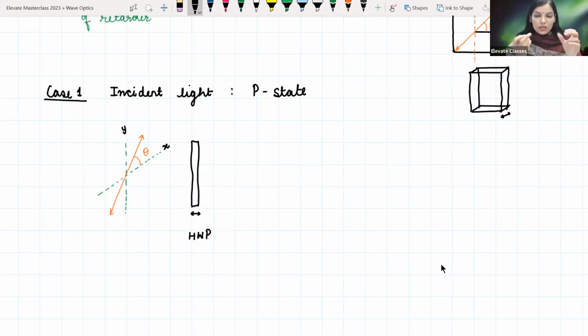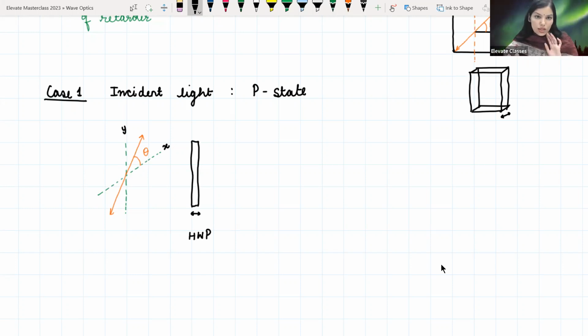Okay, in a positive crystal, the reverse would happen: the O ray would move faster and the E ray would move slower. In that case, the concept of fast axis and slow axis would be slightly different. So unless it is specified to you that it's a negative or a positive crystal, the fast axis always means the optic axis. For your exam, the fast axis would always be the optic axis.